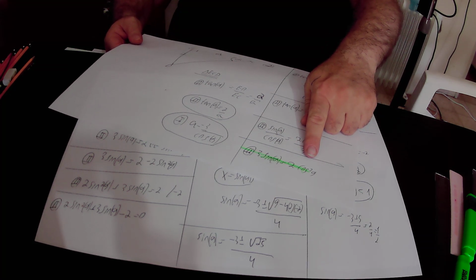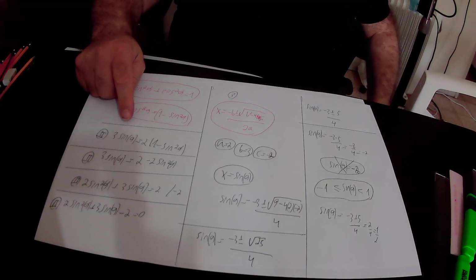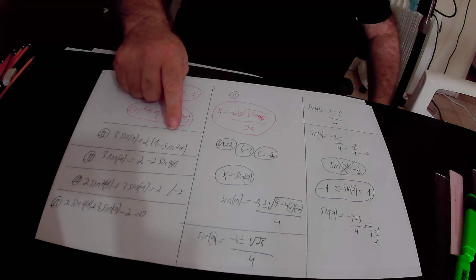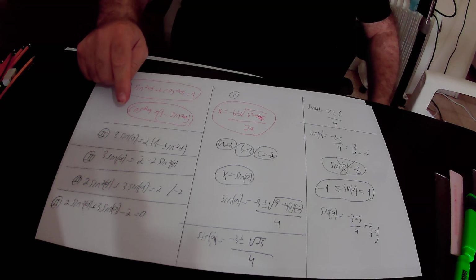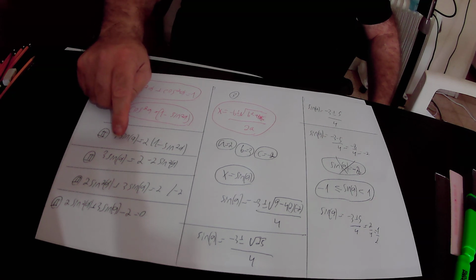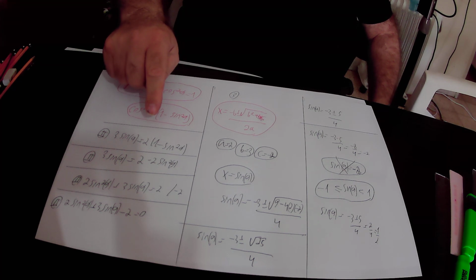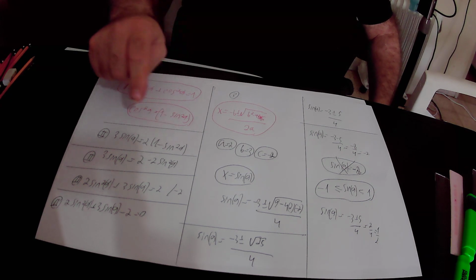squared alpha. We did it and we got that 3 sine alpha equals 2 times cosine squared alpha, that is 1 minus sine squared alpha. So we got that 3 sine alpha, opening the brackets here, equals 2 times 1 is 2, and 2 times minus sine squared alpha equals minus 2 times sine squared alpha.